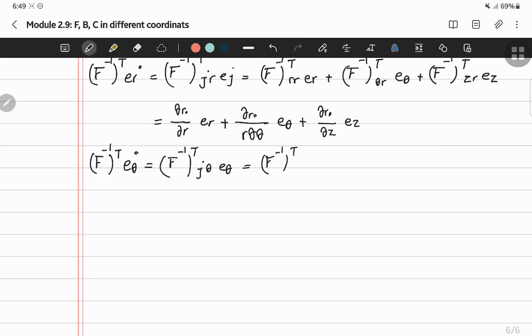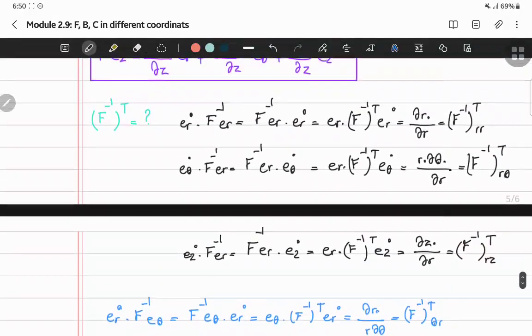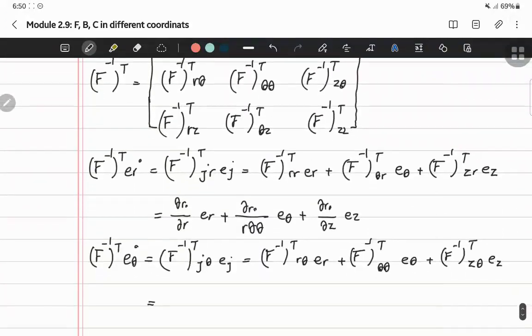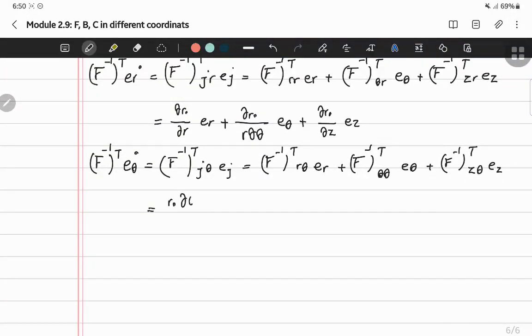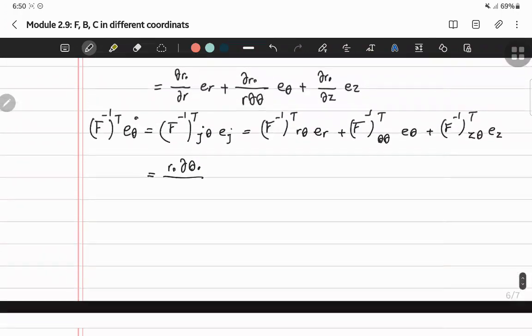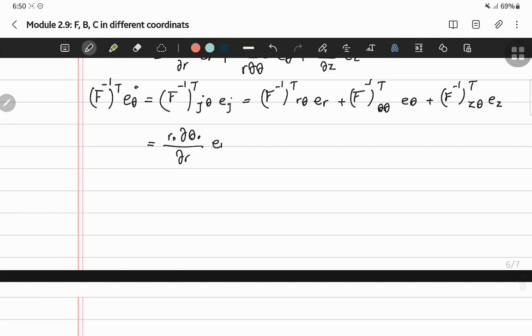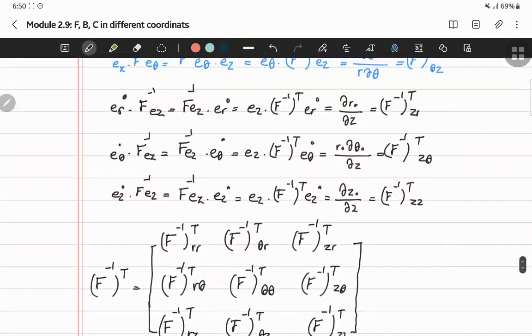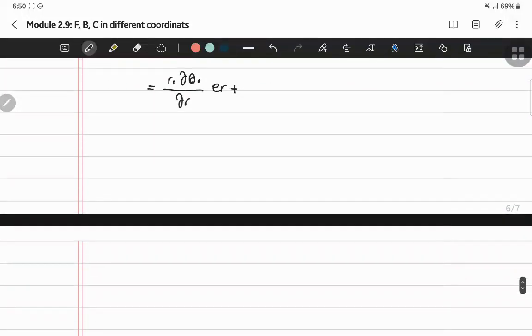So F inverse transpose R theta, oh sorry, this is J R, plus F inverse transpose theta theta E theta plus F inverse transpose Z theta EZ. So we have F inverse transpose R theta, which is this one, R0 partial derivative of theta 0 with respect to R, ER, plus F inverse transpose theta theta, which is this one, R0.